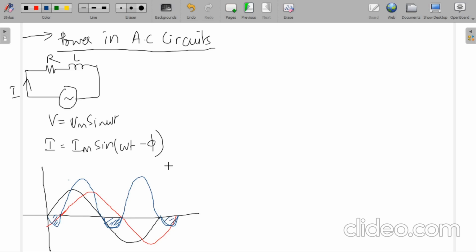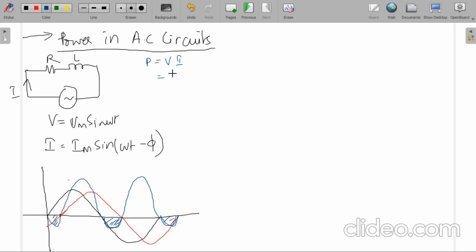Let us derive the average power. First, the instantaneous power is P equal to V into I, or small v into small i.